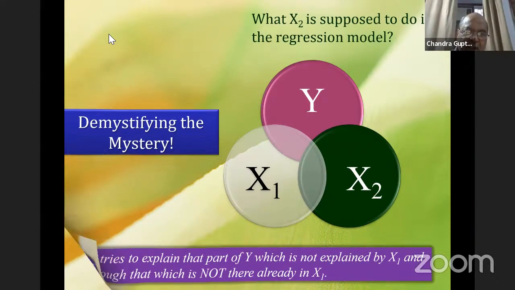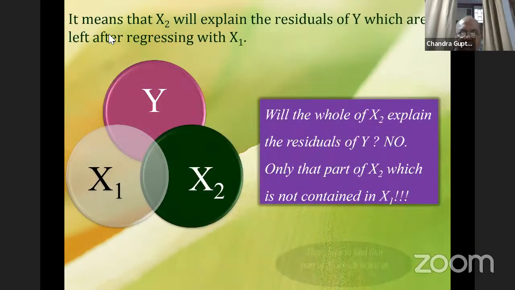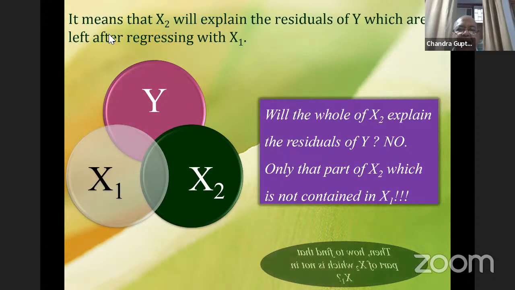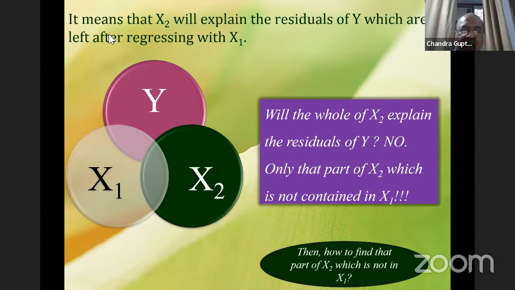It means x2 will explain the residual of y left after regressing with x1. Will the whole of x2 explain the residuals of y? No. Only that part of x2 which is not contained in x1 will be explaining the variation in y.